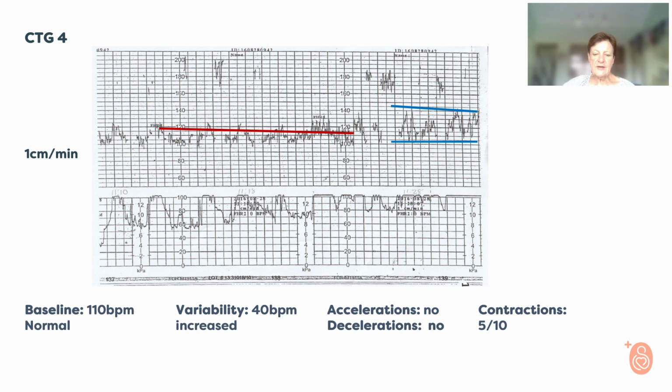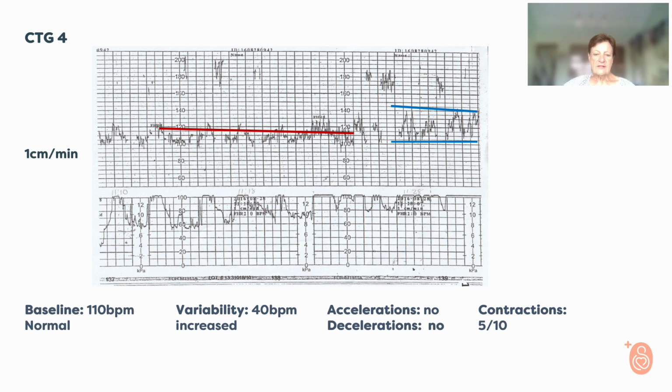Now, if we look at accelerations and decelerations, it might look like these are accelerations, but if we really look at the definition of an acceleration and a deceleration, we've said it's where the fetal heart rate accelerates by more than 15 beats per minute, or decelerates by more than 15 beats per minute.